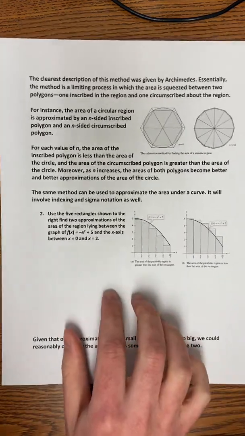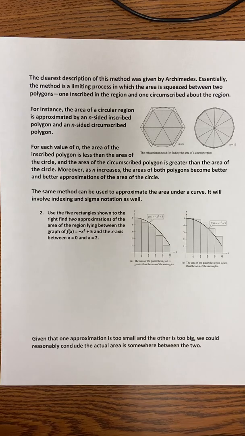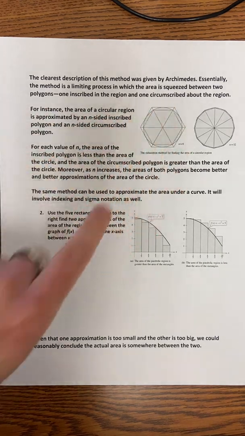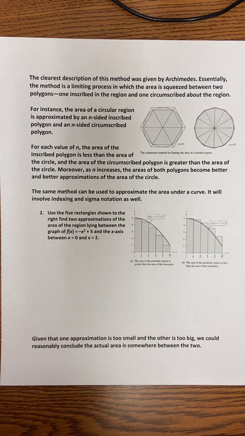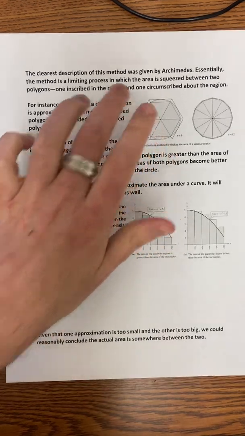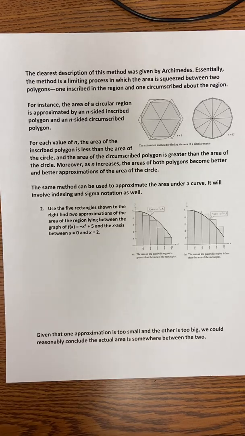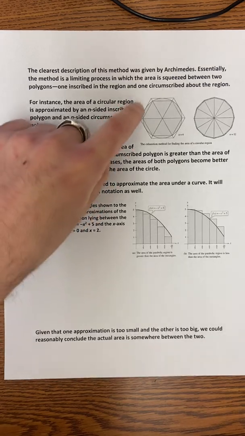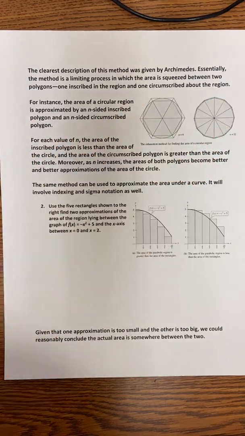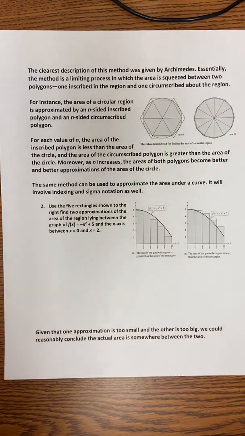But what they did for things like a circle, for example, is they would take areas of shapes they knew and create a circumscribed and an inscribed shape. So circumscribed will be along the outside, inscribed will be that shape drawn on the inside, and if they can find the areas of the smaller and larger shapes, they can approximate the area of, say, a circle. And the more sides you put on the shape, the more accurate this measurement became.